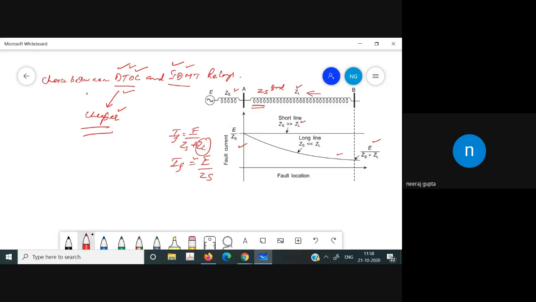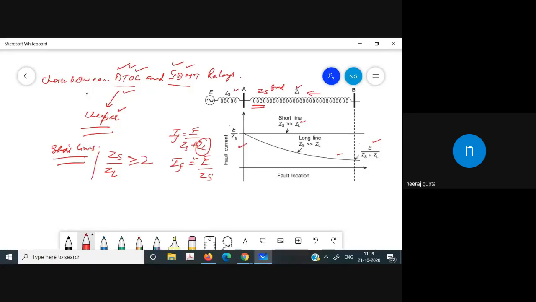These DTOC relays are preferred for short lines because of economic considerations. In practice, DTOC relays are recommended if the ratio of Zs divided by ZL is greater than or equal to 2.